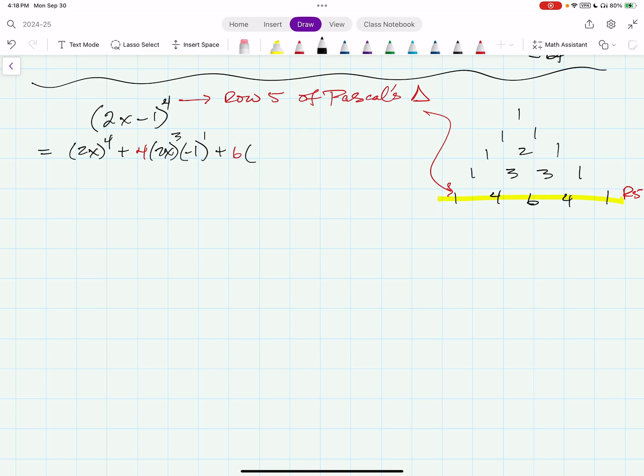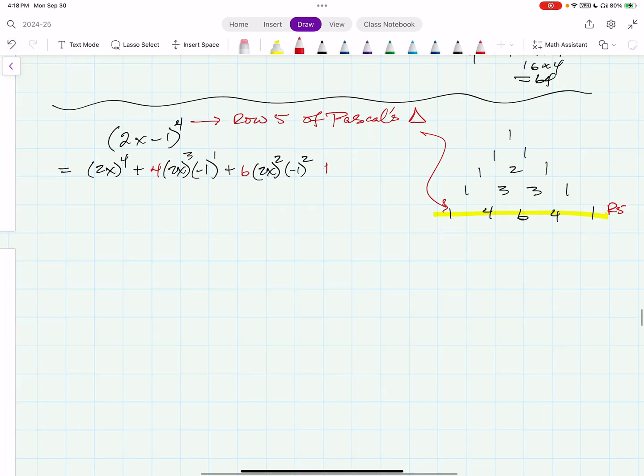Plus 6 times your first term, 2x to the second power, times your negative 1, which is your second term, to the second power. Again, the second term increases power, the first term decreases power. And then plus 4, times the first term, 2x to the first power, times the second term to the third power.